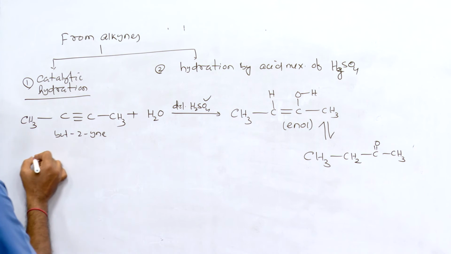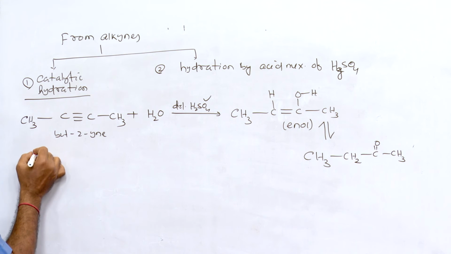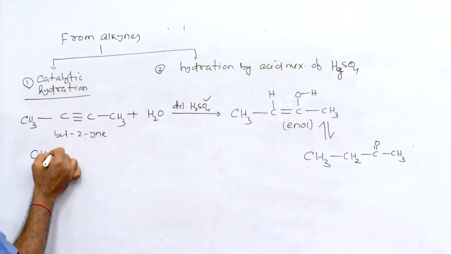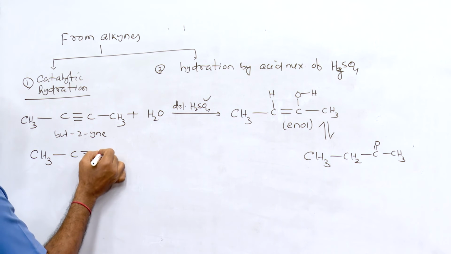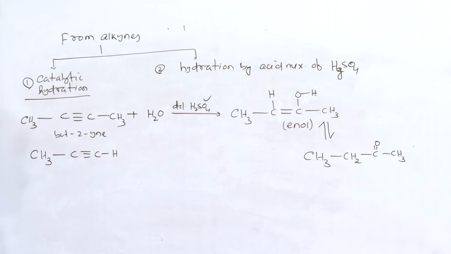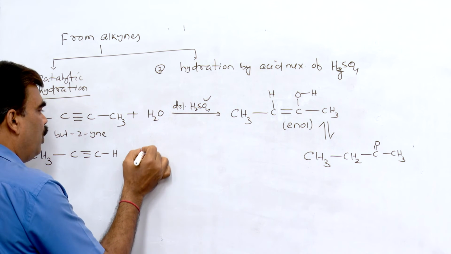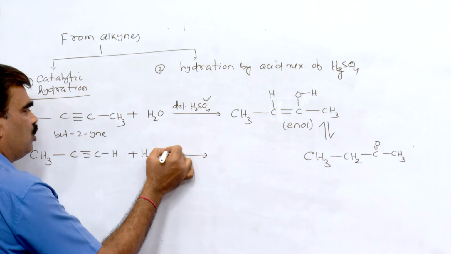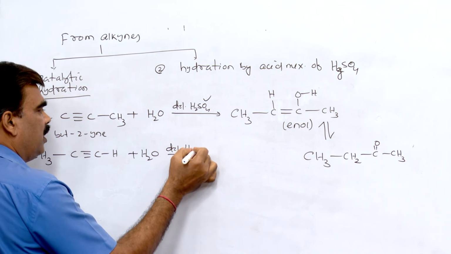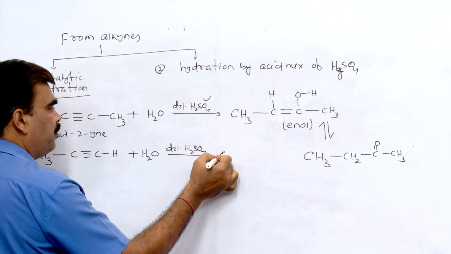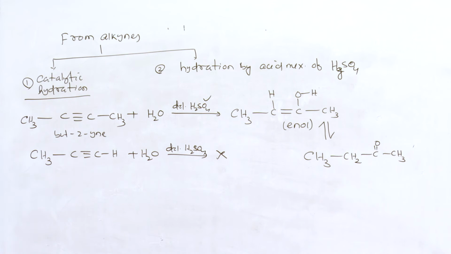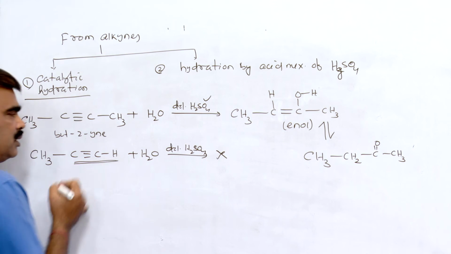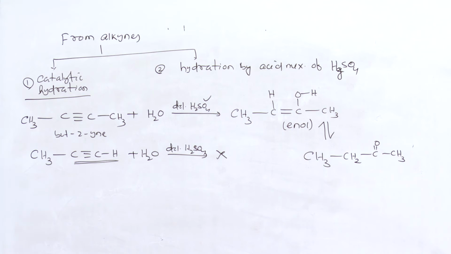Okay. Similarly, if you take one alkyne CH3C triple bond CH, and if you think of doing catalytic hydration by using dilute sulfuric acid, it will not give you the product, because the terminal alkynes are less reactive.